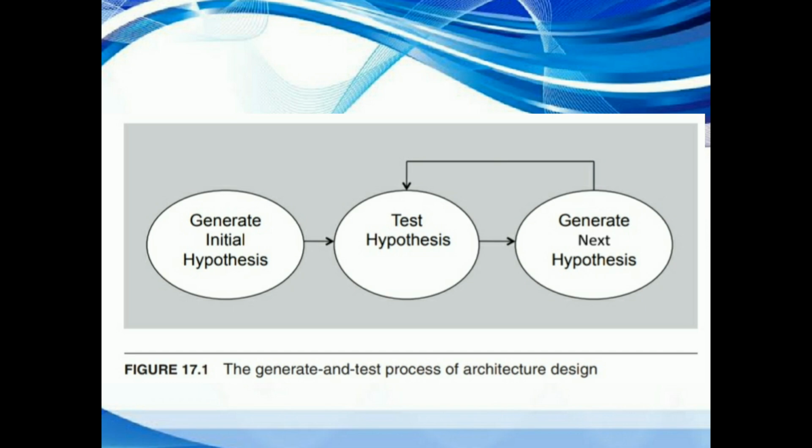If there is no coupling between the testing and the generation of the next design hypothesis, then the process becomes guess and test, and that is not effective as a design strategy.